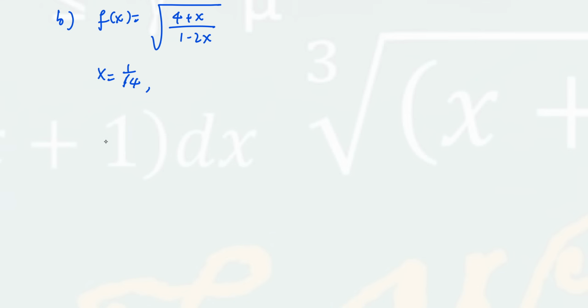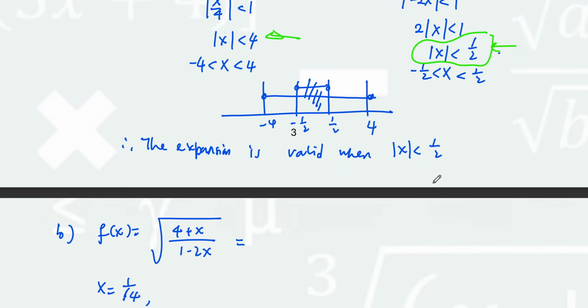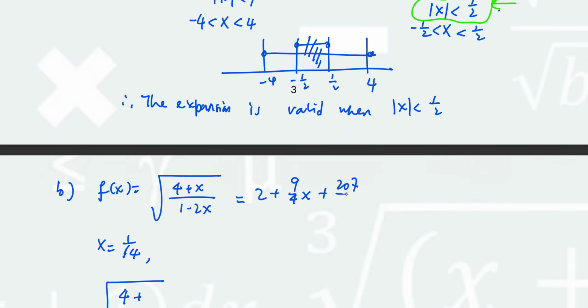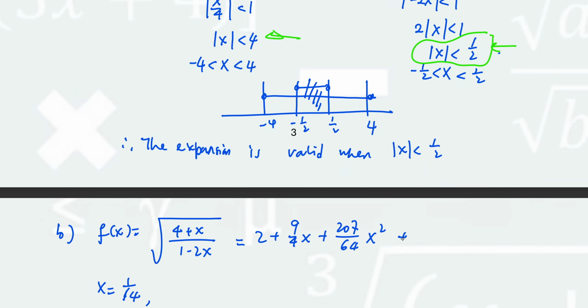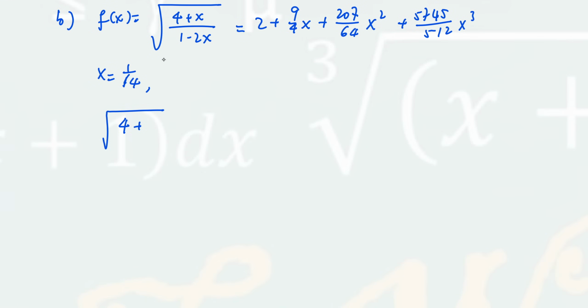Okay, so now here you check square root of 4 plus 1 over 14. Or probably here I will just copy down the expansion first. That would be better. 2 plus 9 over 4x. Okay, so based on this expansion, we will replace the value accordingly.